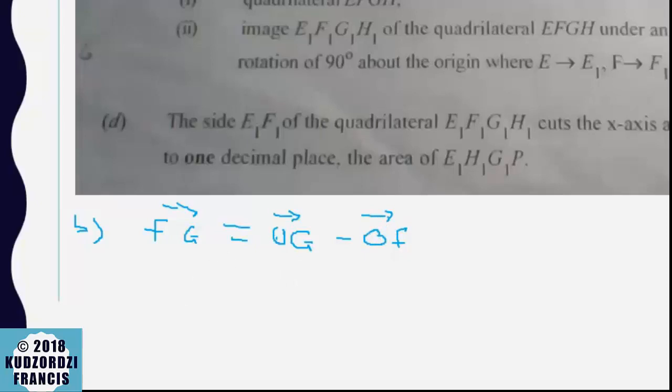So we can sub in these values. So FG is (1, 3) and OG we don't know, minus OF. We can write this as a position vector, which is (-1, 5).